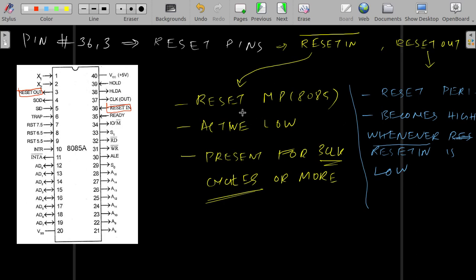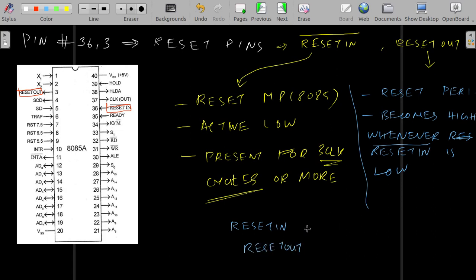and only once you change the value at reset in from 0 to 1, this value will go from 1 to 0. Okay, for example, if you want to see, we have our reset in and we have our reset out.